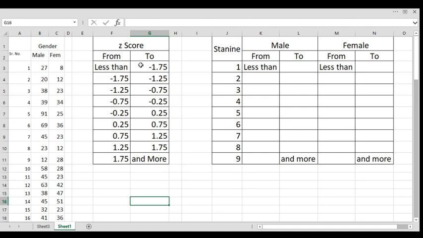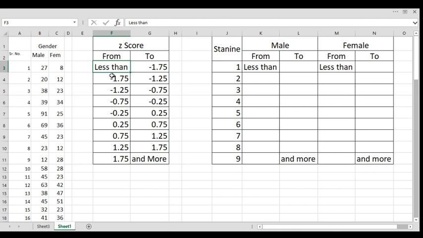Here, for the first stanine, the range is mentioned. The scores having Z value less than minus 1.75 are assigned stanine 1. All the scores which are having Z value less than minus 1.75.